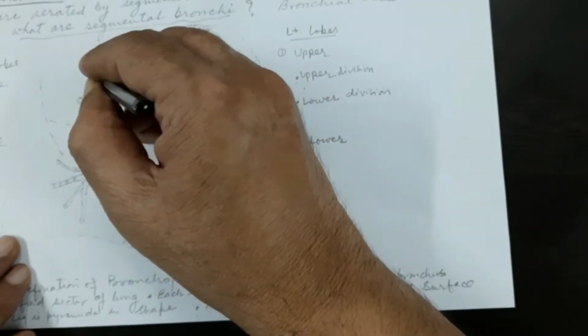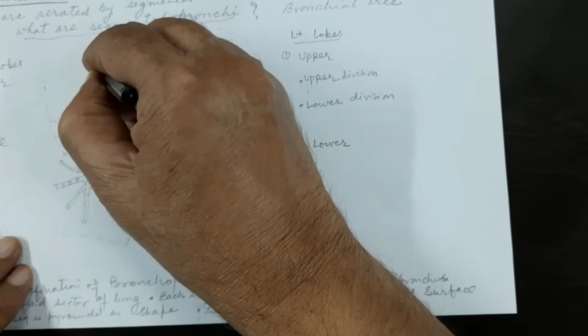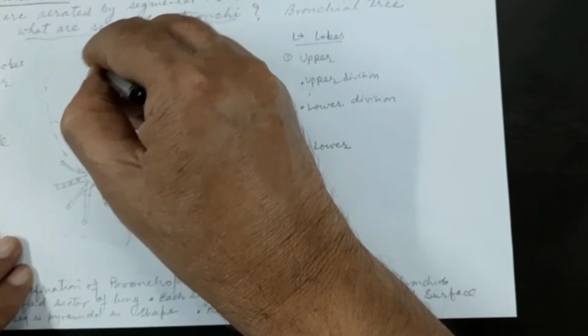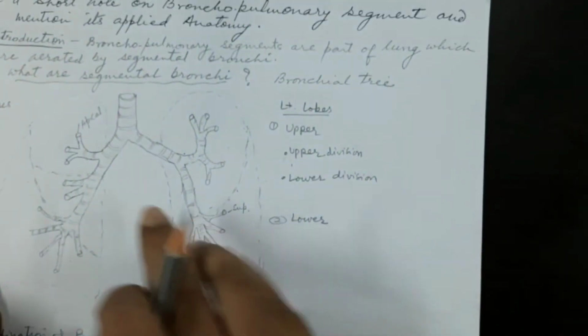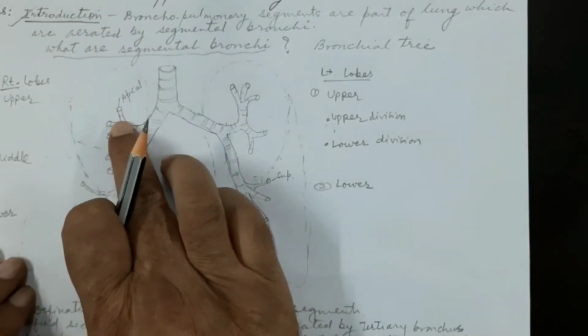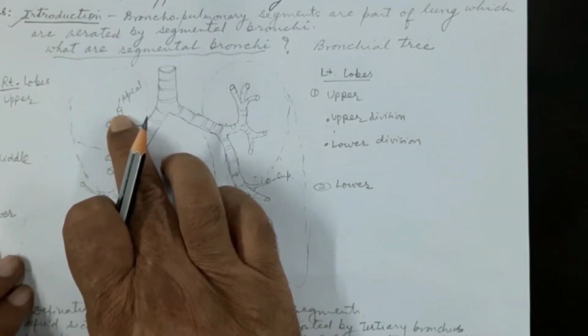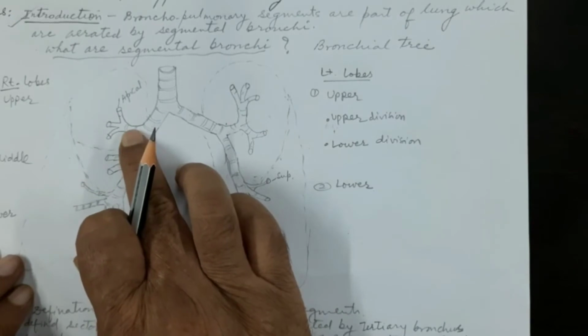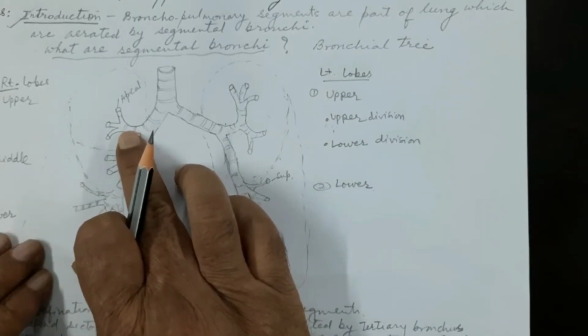This one which is going up is called apical, since it is going towards the apex of the lung. This branch of the tertiary bronchi is now a segmental bronchus. It is apical, coming from the upper lobar bronchus.